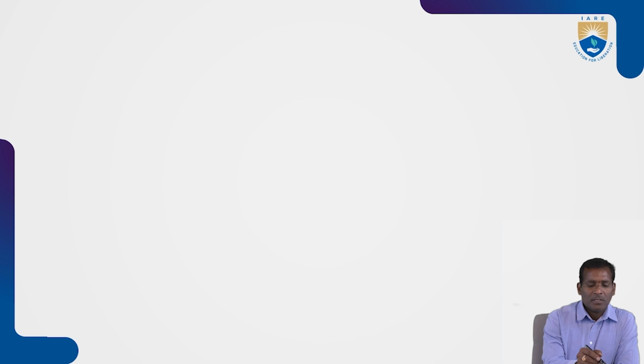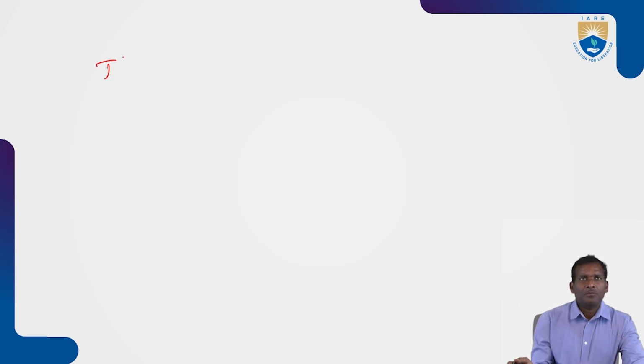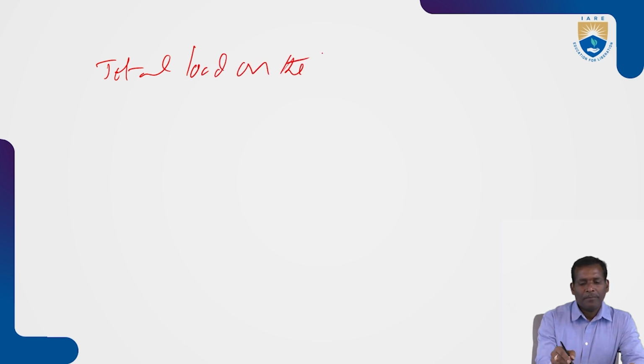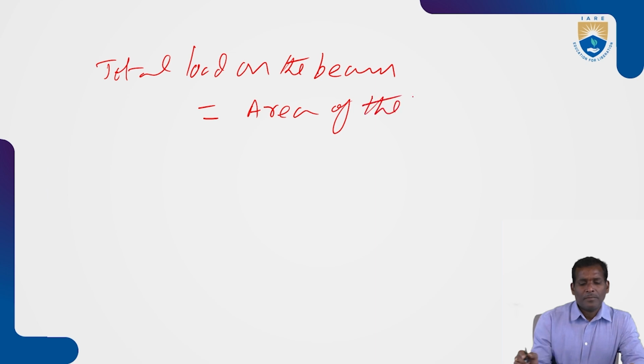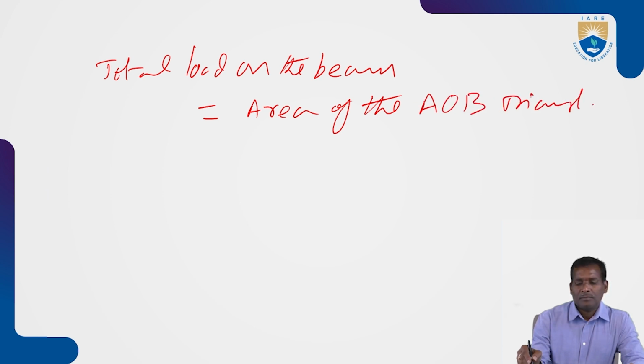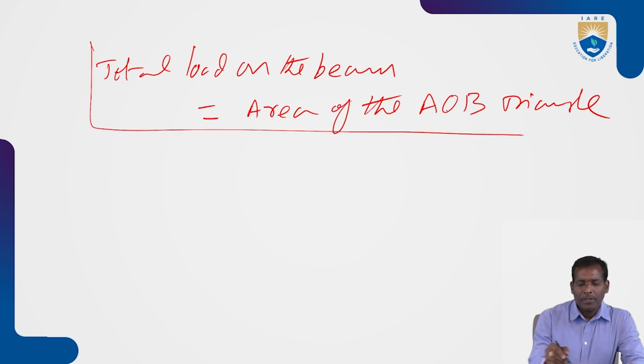So the total load on the beam is equal to the area of the AOB triangle.